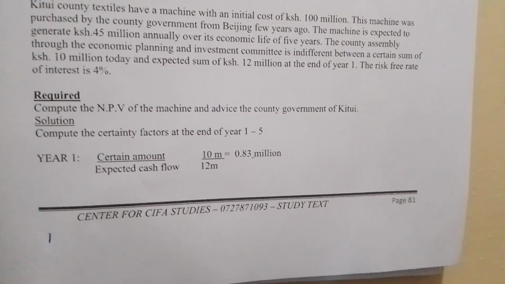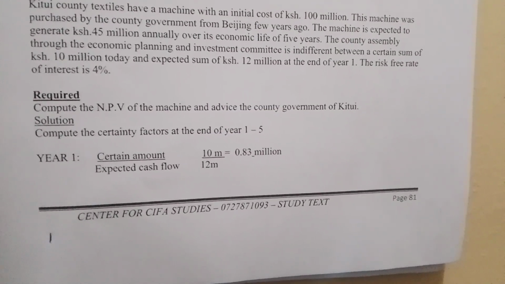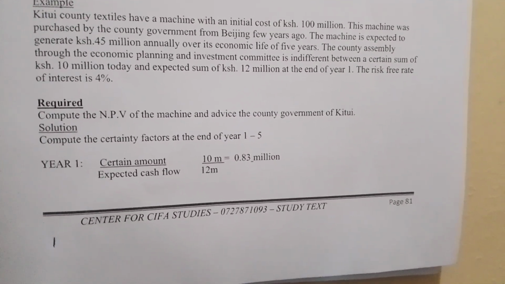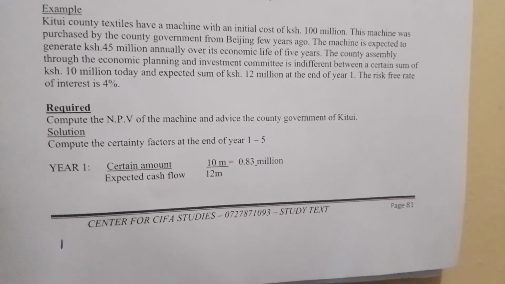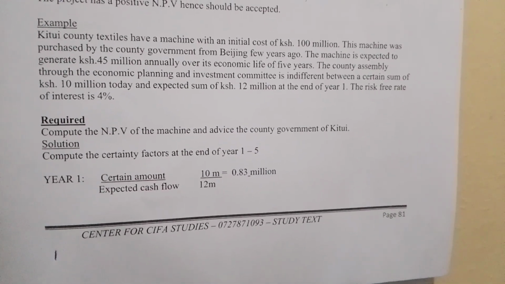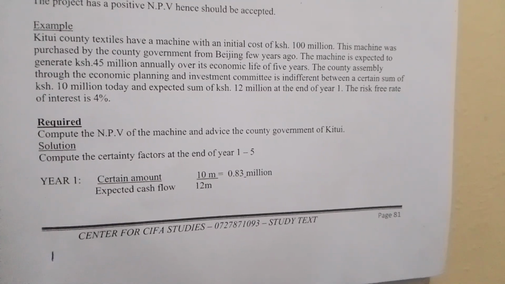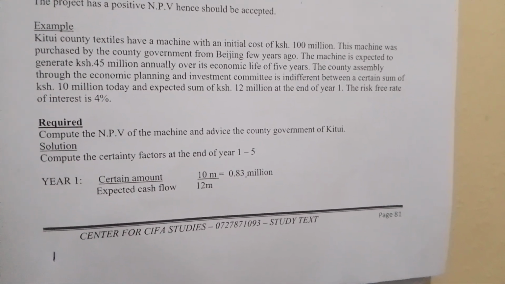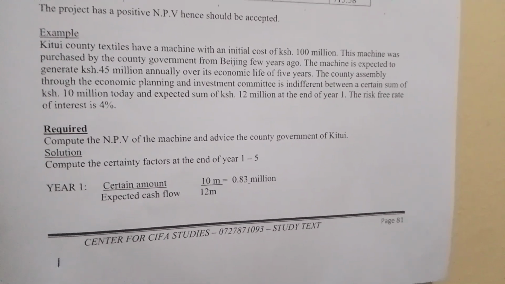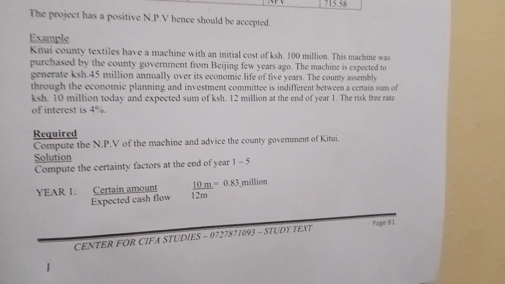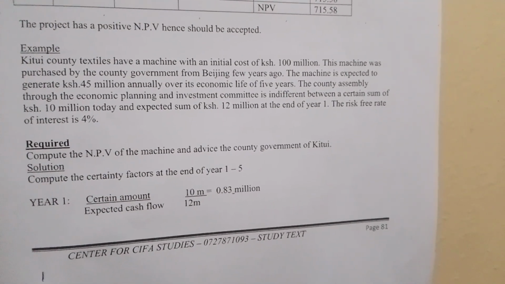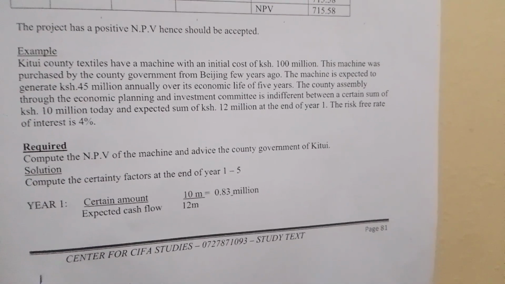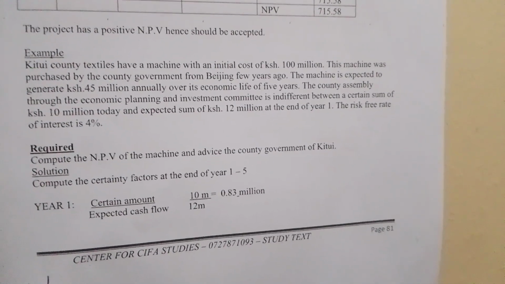So the solution, you can see what we have done there. Compute the certainty factor at the end of year 1 to 5. For year 1, the certain amount is 10 million. That is what you have been told: the County Assembly is indifferent between a certain sum of shillings 10 million and the expected cash flow of 12 million. So the certain amount, that is riskless, divided by the expected cash flows.